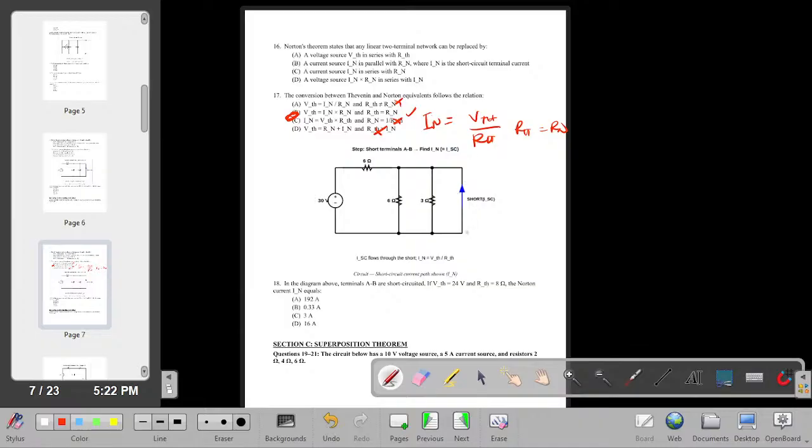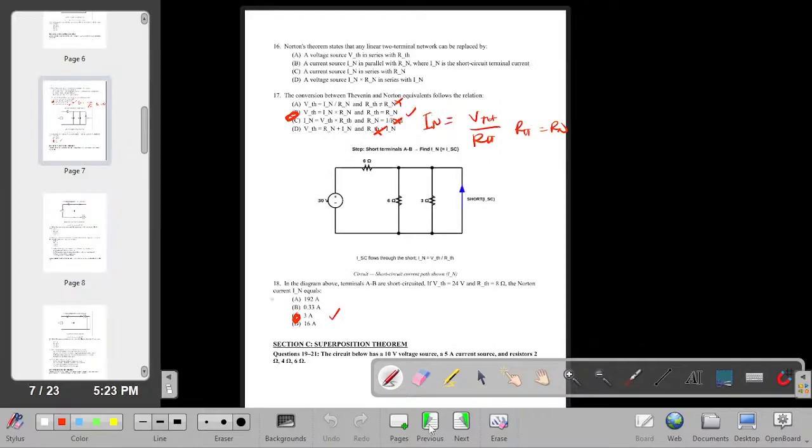Sometimes students get these problems and this is a tricky thing, it is just lying to you. You'll be tempted to try to find it, but don't solve. Once you are given VTH and RTH, your Norton's current is equal to 24 over 8, and that is 3. As simple as that. So we move to section C. It's talking about the superposition theorem, right?